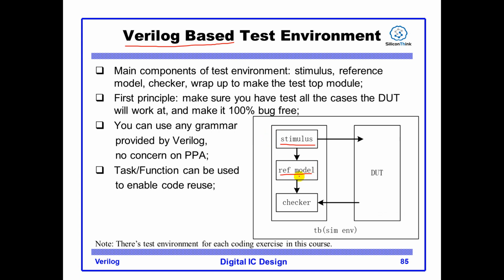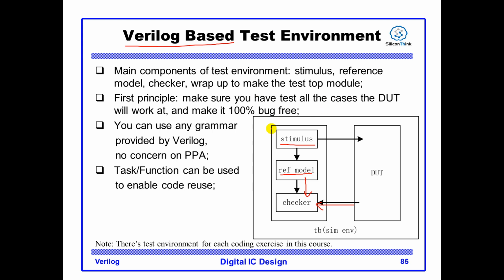Then usually you need to have a risk model, and this stimulus will go to both the DUT and the risk model. Then you will have a checker, or you can say you have the checker function. It will receive the output from the DUT and some signals from the risk model, then compare the two to check whether the simulation fails or passes.